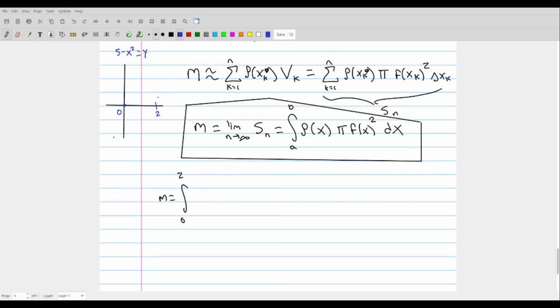I'll probably put it a little bit lower. 1, 2, 3, 4, 5 right there. So it looks like that. The surface of revolution that you get when you revolve it around the axis looks like this.